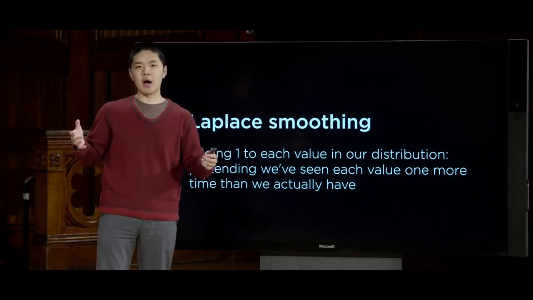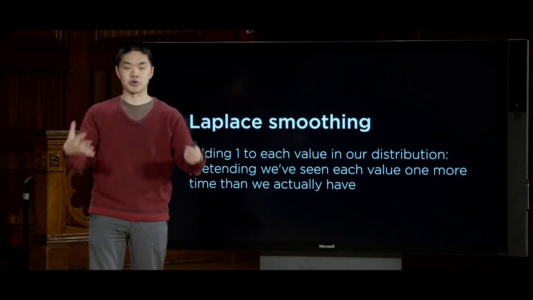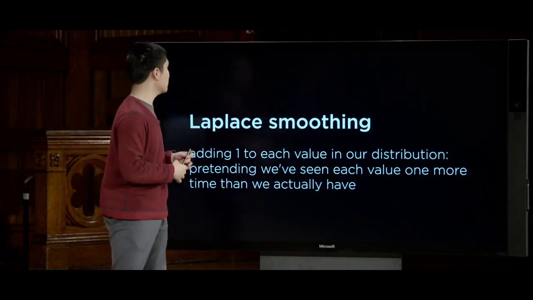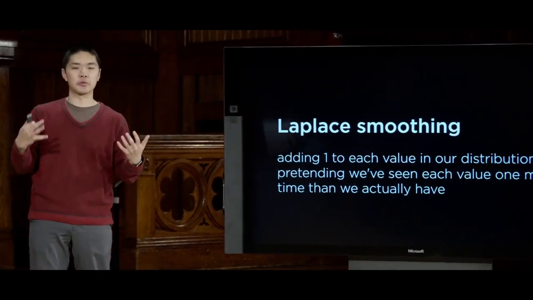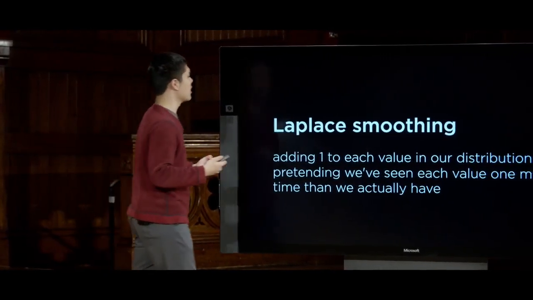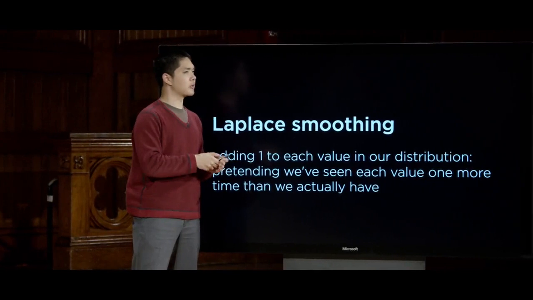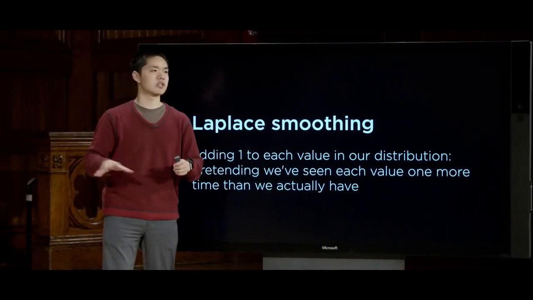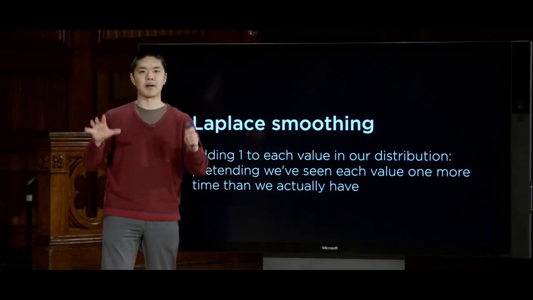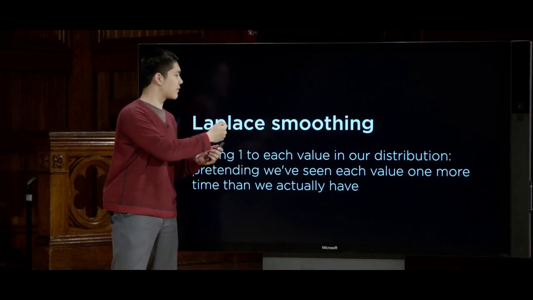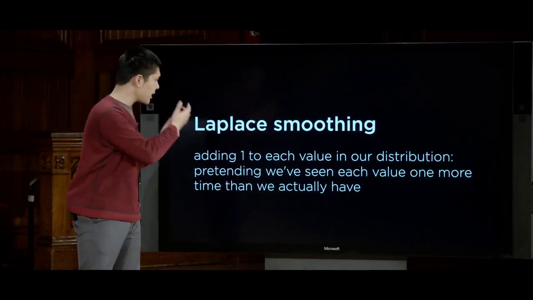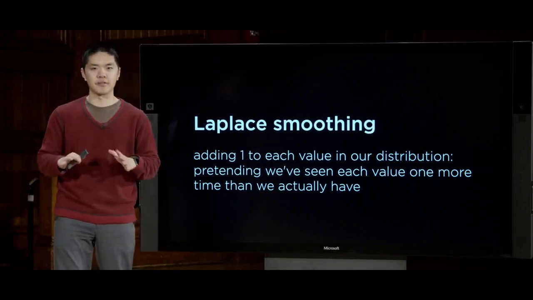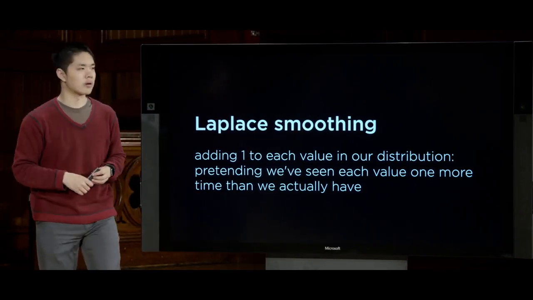So I'll say that, all right, now I have 1 out of 102. So one sample that does have the word grandson out of 102 total. I'm basically creating 2 samples that didn't exist before. But in doing so, I've been able to smooth the distribution a little bit to make sure that I never have to multiply anything by 0. By pretending I've seen one more value in each category than I actually have, this gets us that result of not having to worry about multiplying a number by 0.